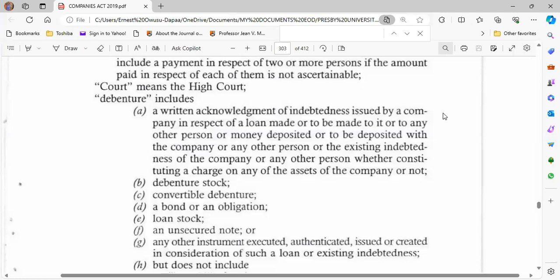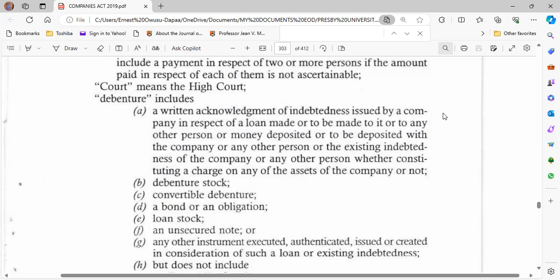Another takeaway from the definitional attempt in A, which we have seen, is that the debt which the company has acknowledged in writing as owed to you, the debenture holder, may be secured or unsecured.